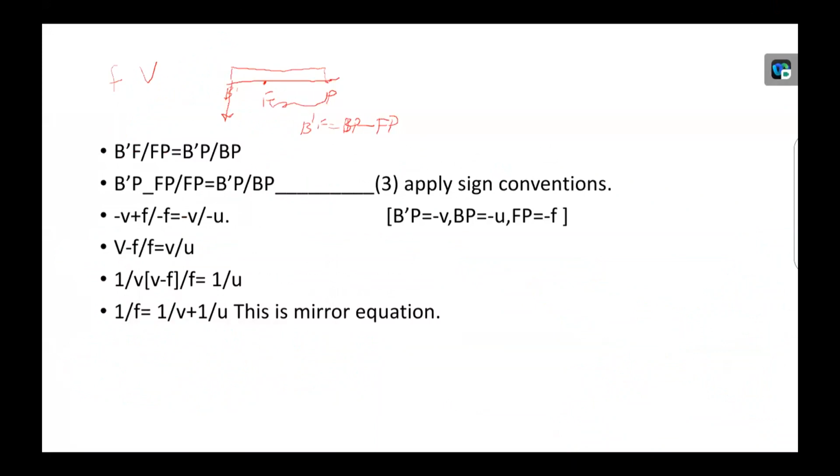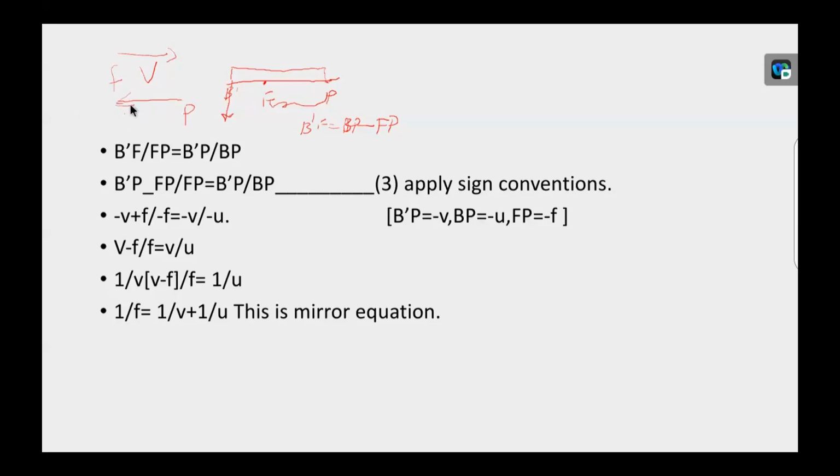If you apply sign convention, we know that B dash P is equal to minus V. Why we are taking minus V, minus U, minus F means this is the direction of incident ray in that diagram, but we are measuring the distance from pole to image distance, object distance, focal length.